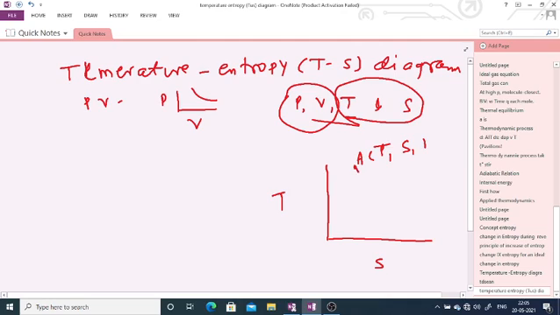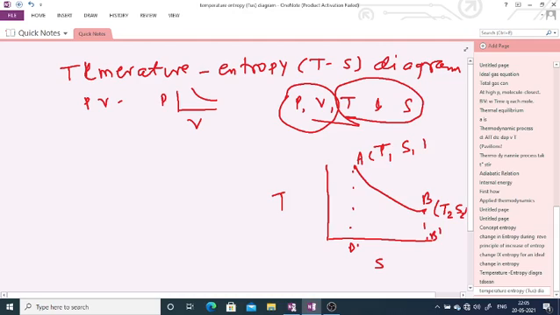If your system moves from A to B, here is B, the temperature will change from T1 to T2 and the entropy from S1 to S2. So we can draw the perpendiculars here. So we got A dash and B dash.